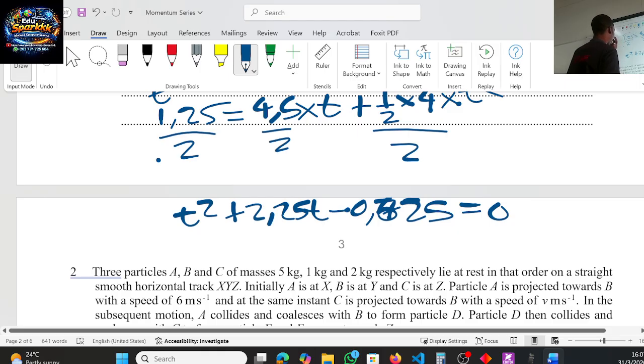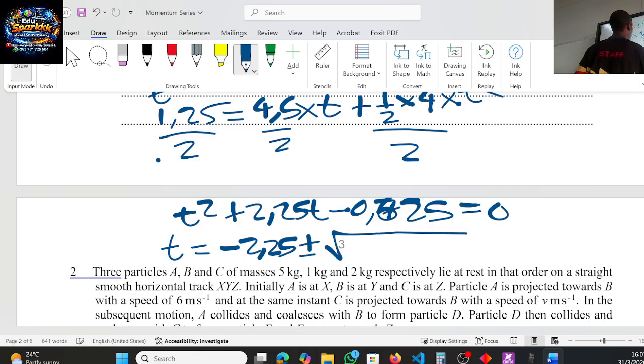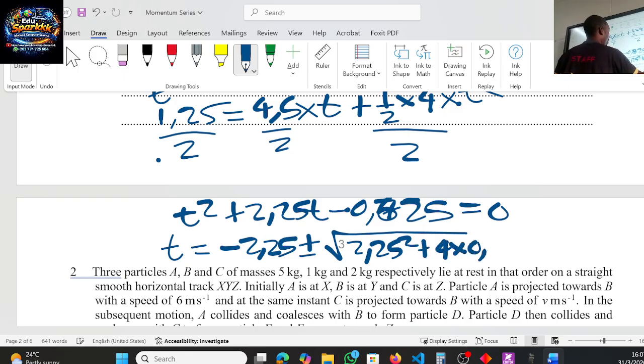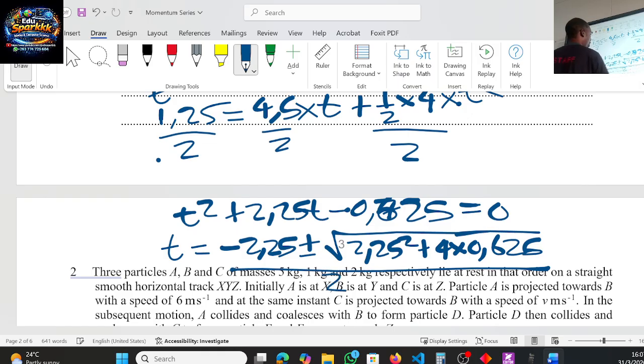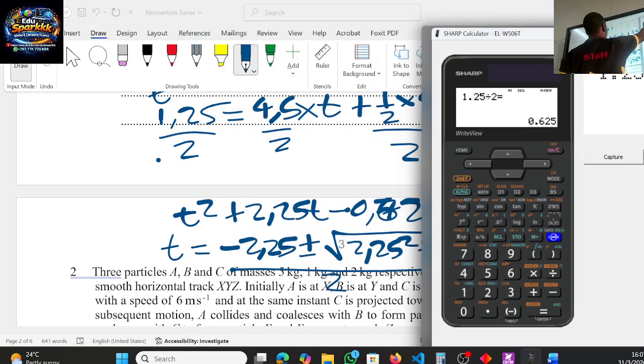To see if we can find the value of t, we are going to say that t is equal to minus 2.25 plus or minus the root, all over 2. Then I'll bring my calculator and try and simplify the calculations.